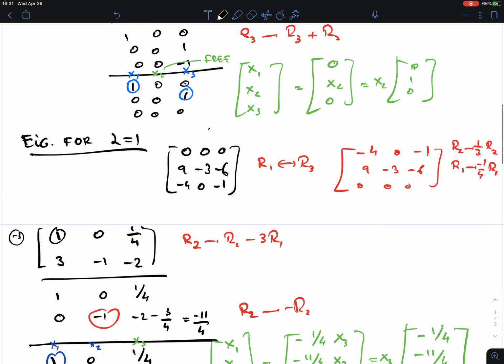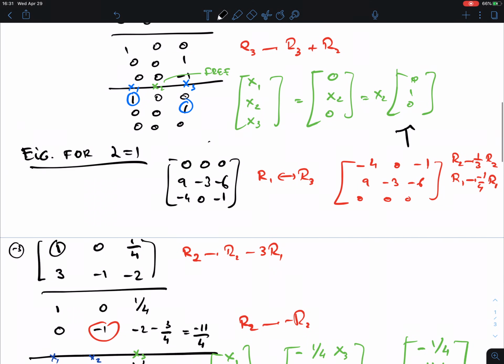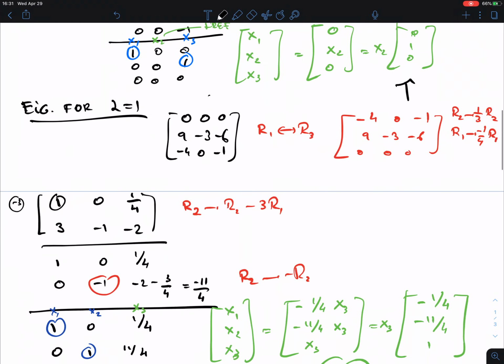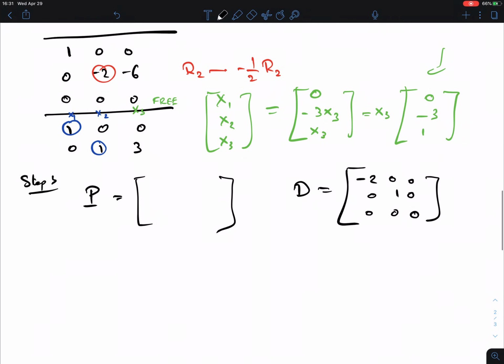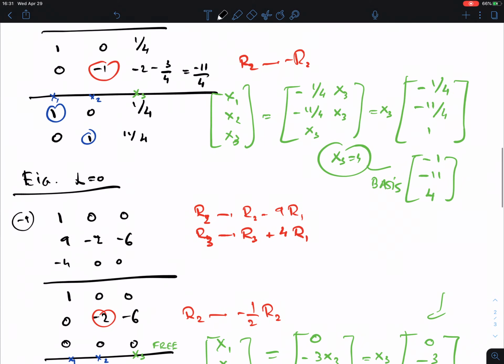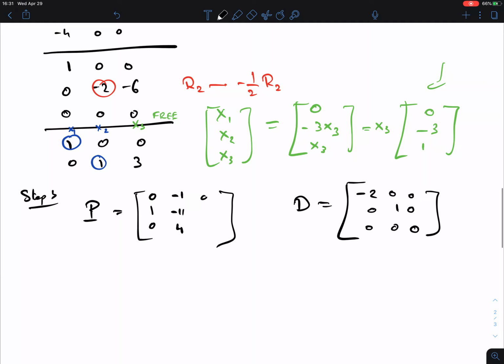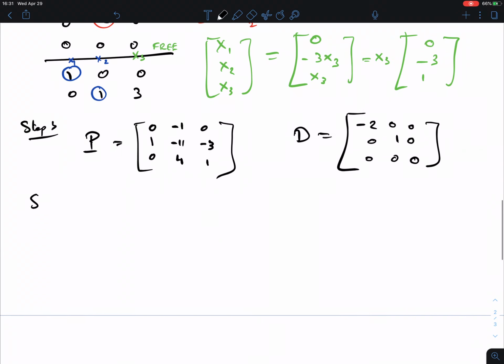For negative 2, our basis vector was this guy. I didn't mark it, but that was it, right? Just double checking. Yes, negative 2, it was 0, 1, 0. We chose this one here to get rid of any fractions. And then the last one is the one here. Okay. Step 4, we need the inverse of P.